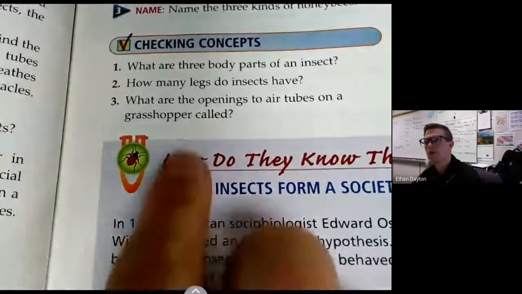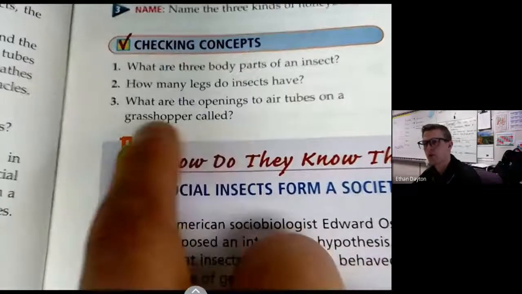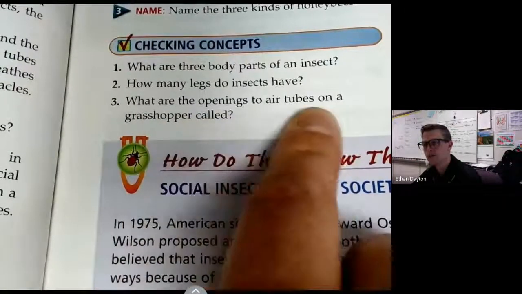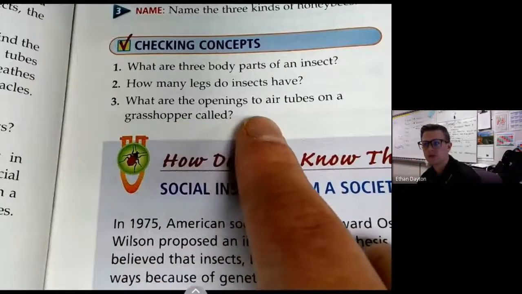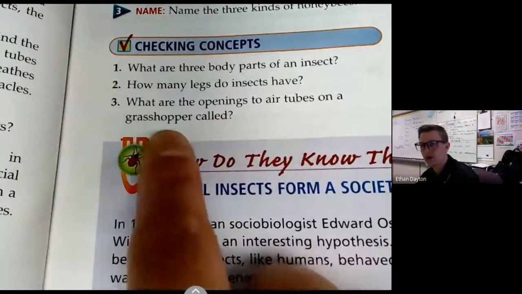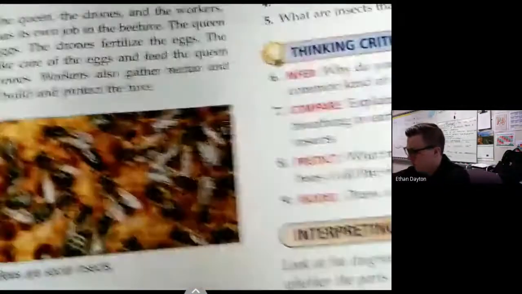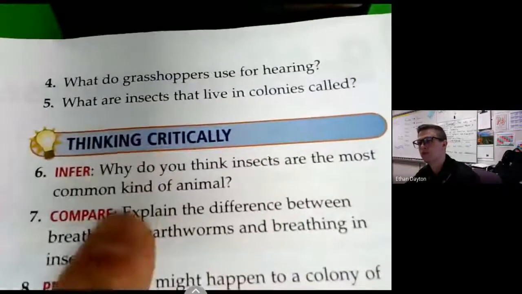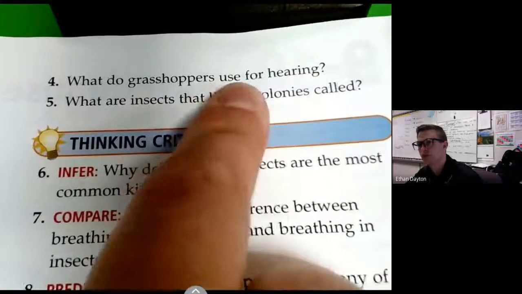Number 3, what are the openings to air tubes on a grasshopper called? The openings to air tubes on a grasshopper are called blank. All right, number 4. What do grasshoppers use for hearing?